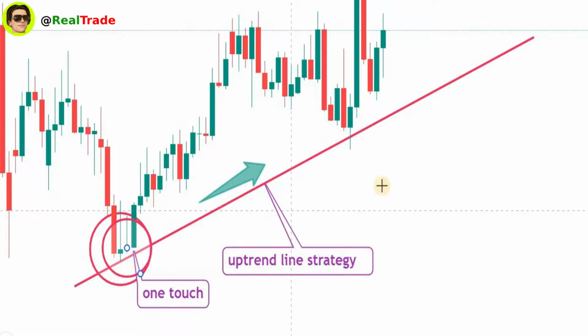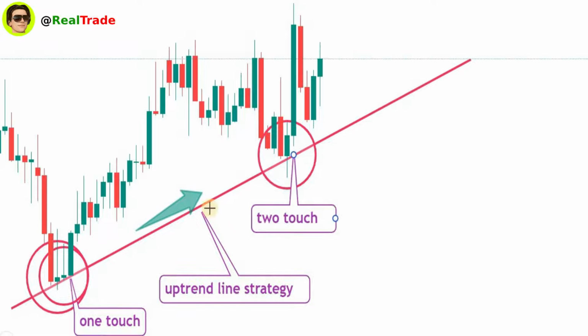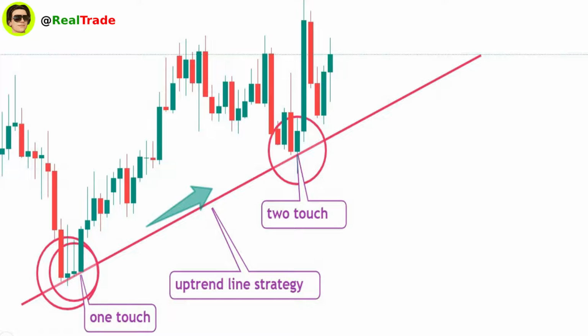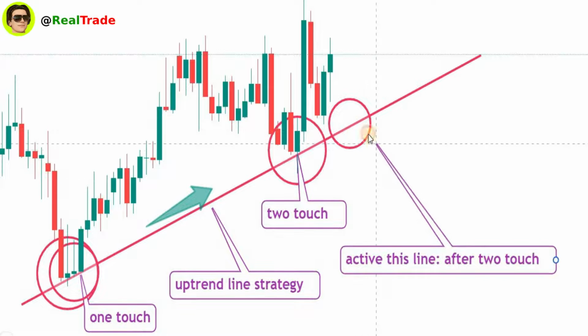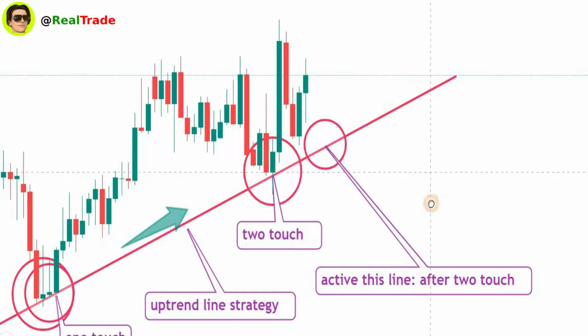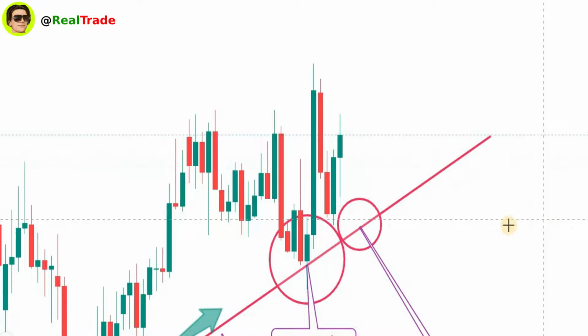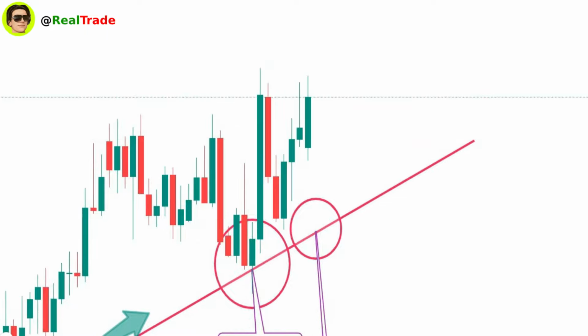Open position after two touch, one touch, two touch, this red line, two touch, and at three touch, I open position. This line is active, uptrend line strategy. This line is active. Wait, three touch.